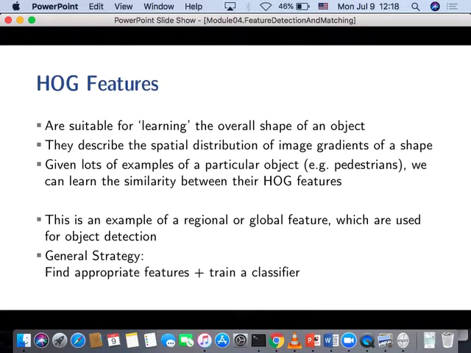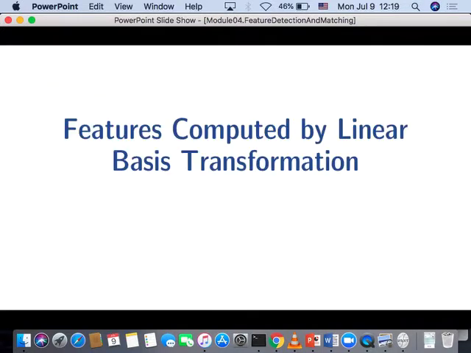This has been the strategy for machine learning and computer vision for the last 20 years till 2012, when we gave up on this strategy as deep learning came out. We'll contrast this to deep learning, because in deep learning we don't design features, but before that, and in some problems even now, people look for appropriate features so that the classifier has an easy task to do. Any questions?